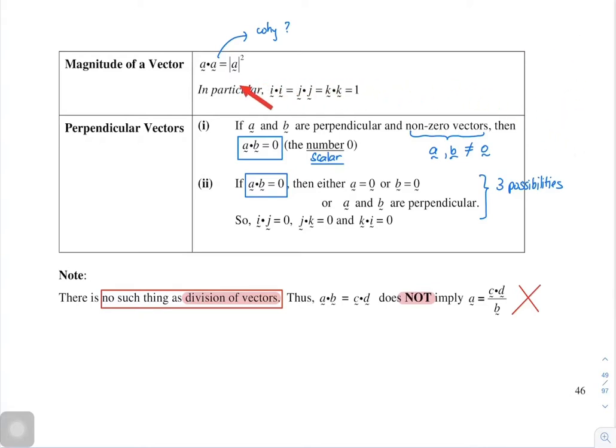Now what happens when we take the vector A and do a dot product with itself? The result is the magnitude of A squared. What is the reason behind this?